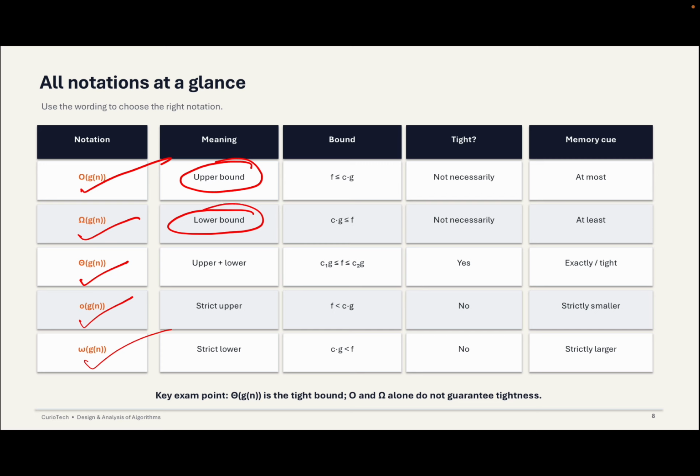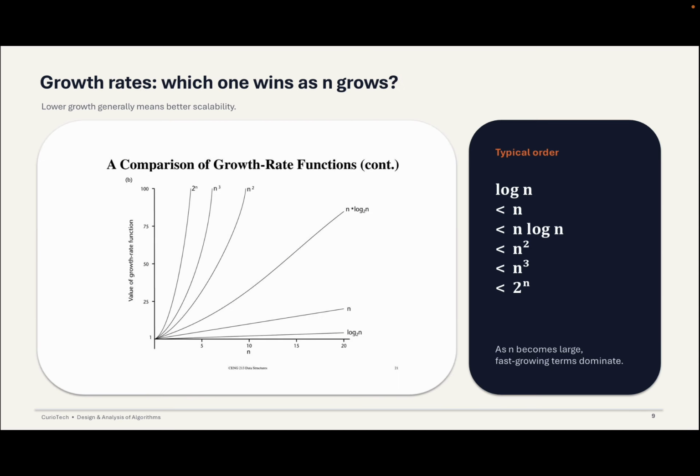And if we are talking about theta, that means an average bound which gives you the upper plus lower bound. Little o Gn would be strictly upper, and omega Gn means it is strictly lower. Alright, and these are all the bounds we discussed, and through this slide you can directly see and remember all the concepts of it.